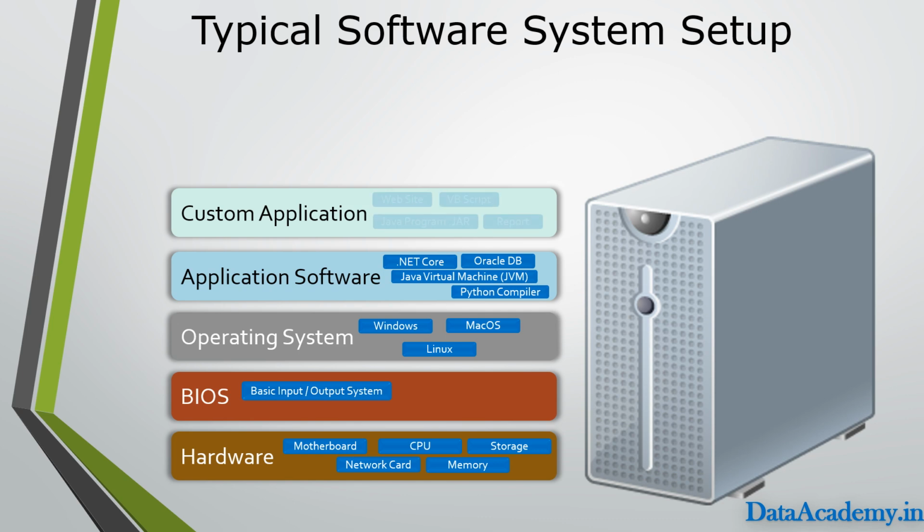On top of this, we have the custom application that we create, such as a website, a simple script file, a Java program, or maybe some kind of a reporting tool, right? So the custom application is our end product. But you see, to be able to run just a website or a script file or a Java program, we need all of these, starting from the hardware, the BIOS, the operating system, and the application software.